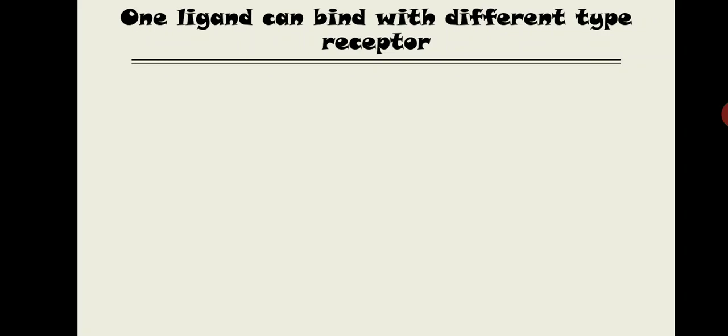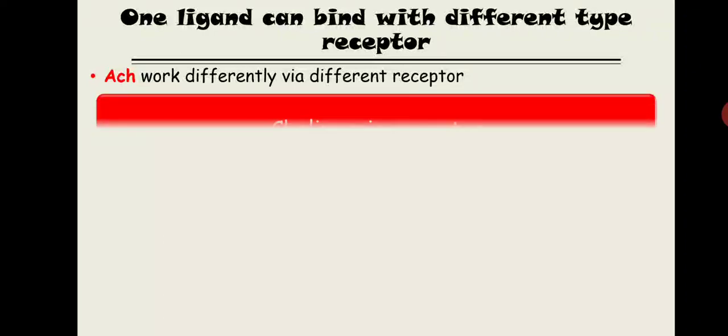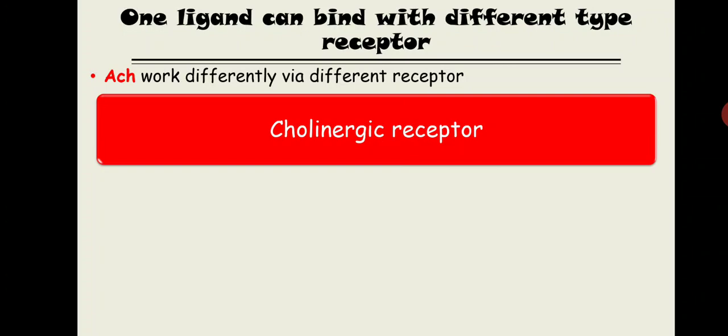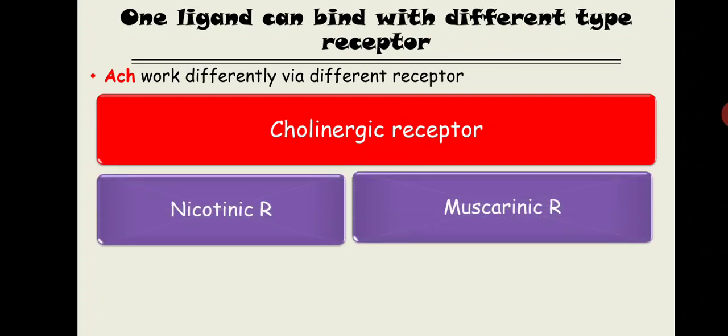Let me give you another example, which is acetylcholine. Acetylcholine will work differently via different receptors. The receptor that is used by acetylcholine is known as a cholinergic receptor. There are two types of cholinergic receptor. One is the nicotinic receptor and the other is the muscarinic receptor.